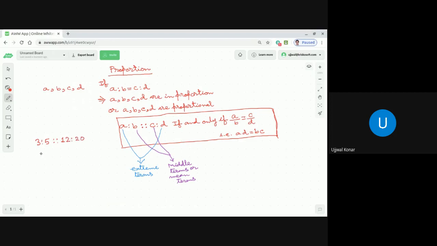How come? Because if you find the value of 3 by 5 and the value of 12 by 20, they are equal, na? Yes, sir. So we can say 3 is to 5 double colon 12 is to 20.